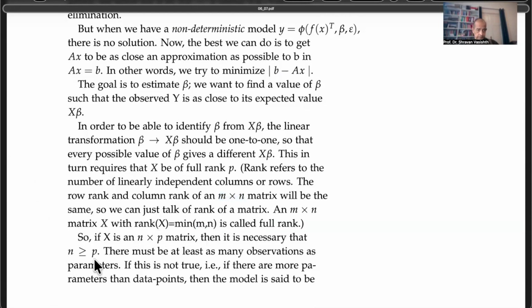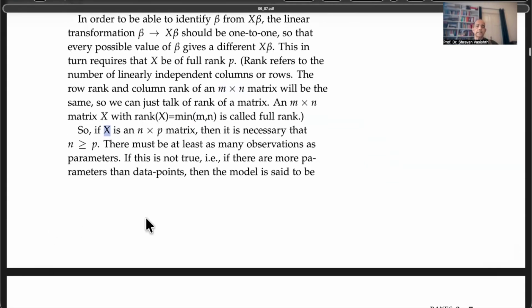So we have an X matrix as our design matrix, and it's also necessary that the number of data points, the number of rows in the design matrix, has to be larger than or equal to the number of parameters. You can't have more parameters than the number of data points that you have.